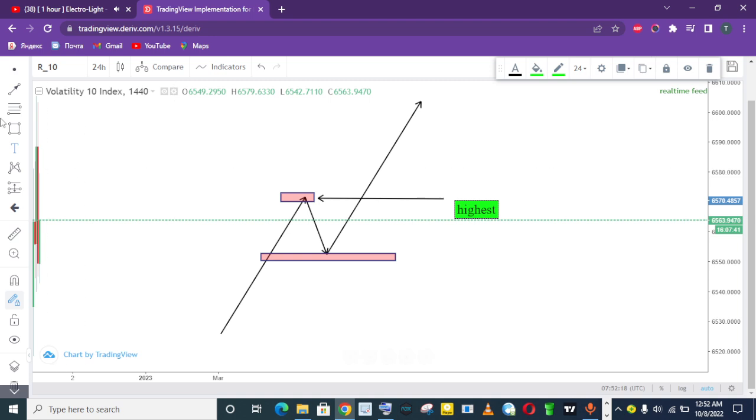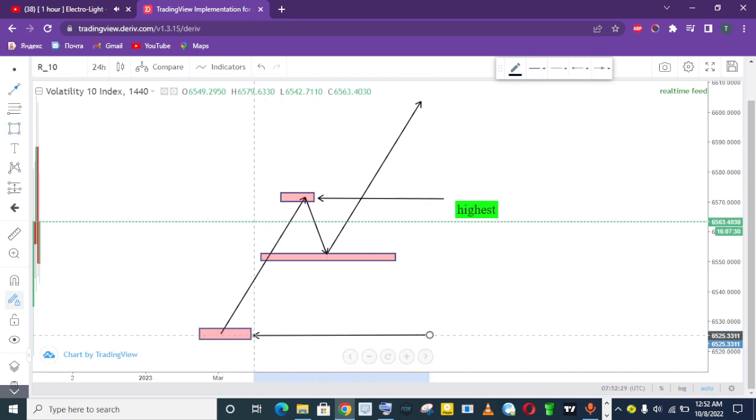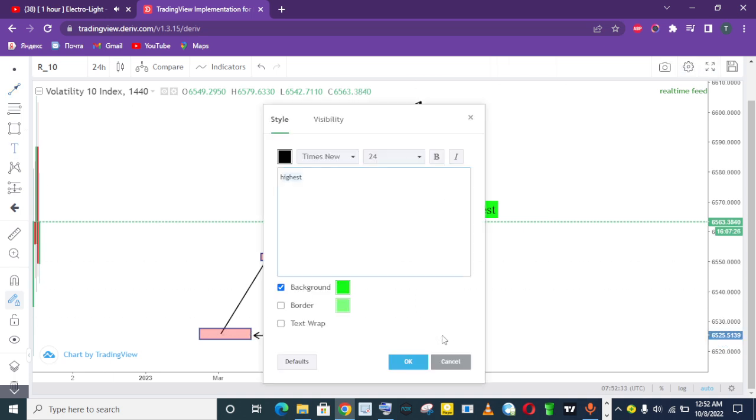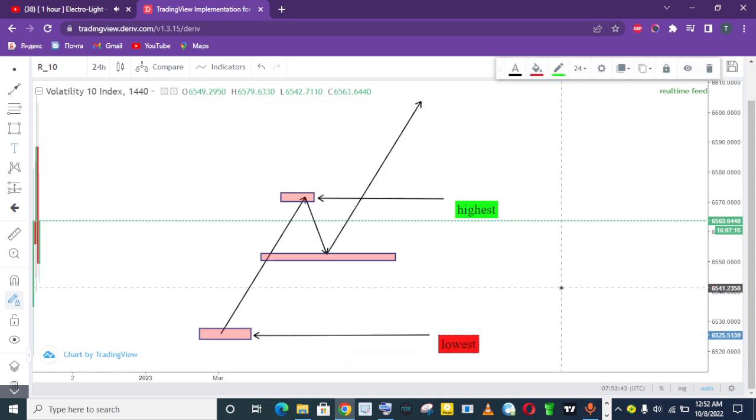Then we've got another level, which is the lowest point of the impulsive move. So this one is our highest point of the impulsive move, and this is our lowest point.